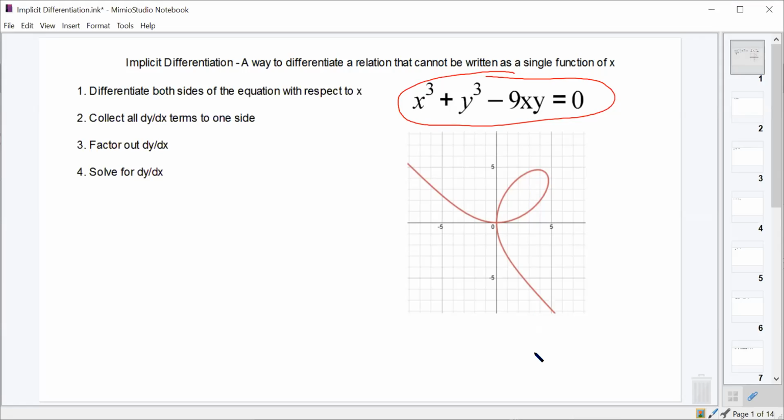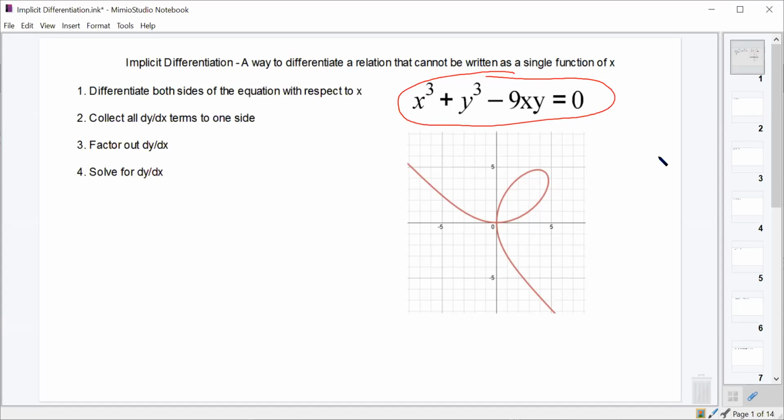This is not a function. Anybody see a nice, easy way to solve that for y? Like we could subtract the x cubed and factor out a y, but that's still going to give us a bunch of y terms in there that are going to be a little bit annoying. No good way to solve this for y to then just take a derivative.